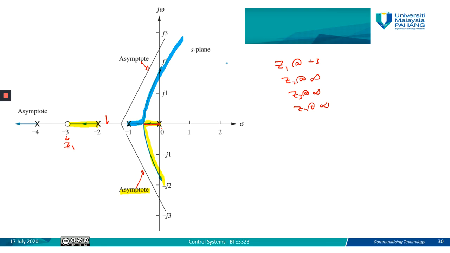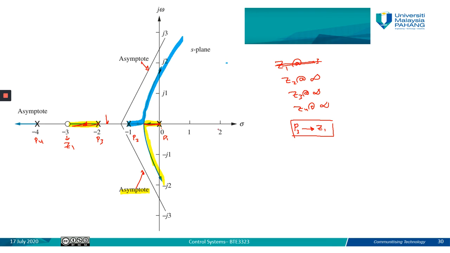So Z1 is okay. Now no more, because we already drew the root locus between this pole and Z1. We said this one is P1, this is P2, for example, this is P3, this is P4. Now we said each root locus starts at a pole and ends at a zero. So P1, for example, here, or P3, based on this figure, will be connected to Z1. So this is the first root locus that we draw on the real axis, and we say this is already finished or complete. No need to do anything.